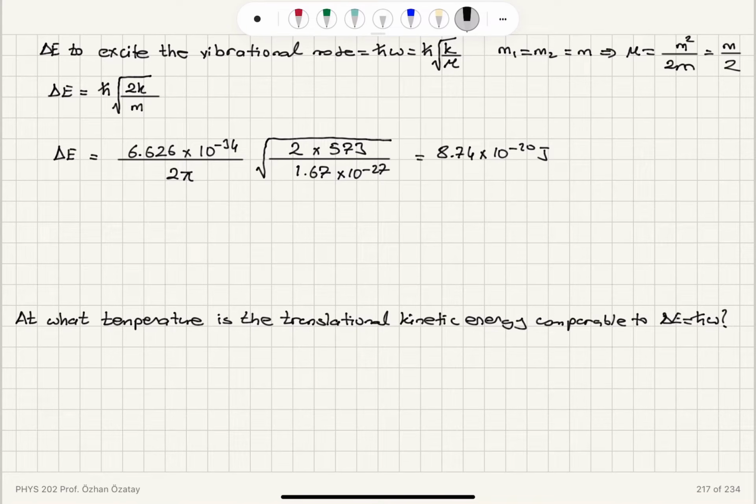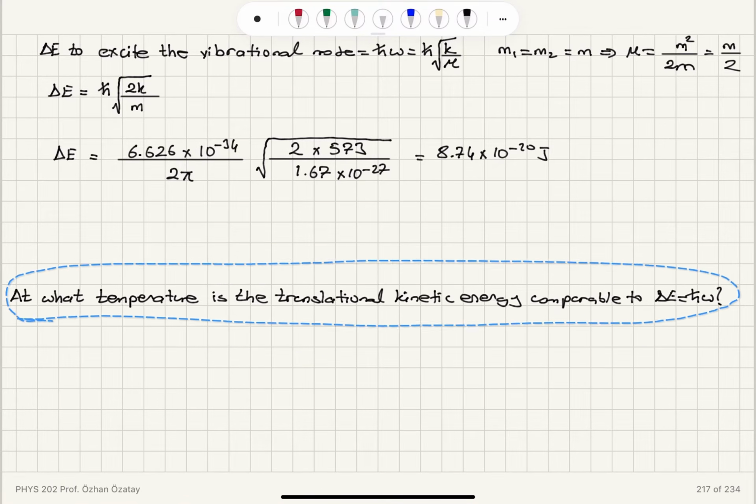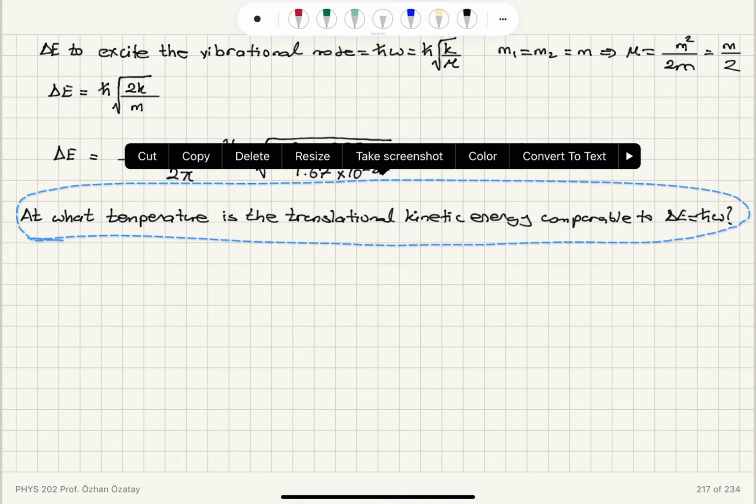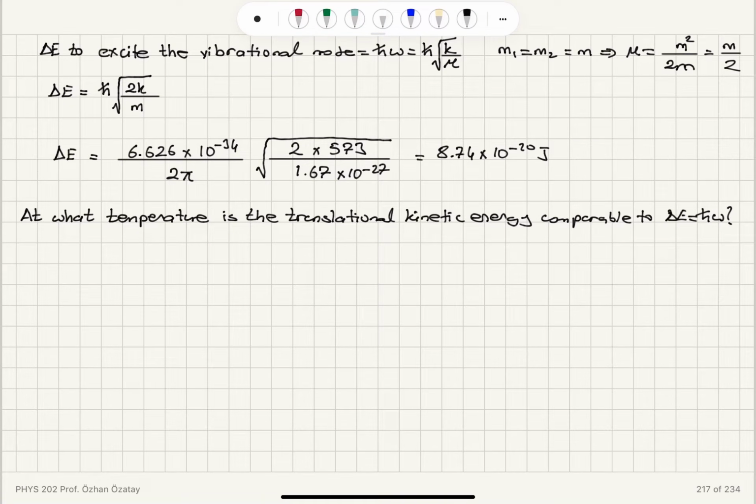So at this point, I can ask myself, at what temperature is the translational kinetic energy comparable to this delta E? So 3 over 2 kBT is equal to 8.74 times 10 to minus 20.